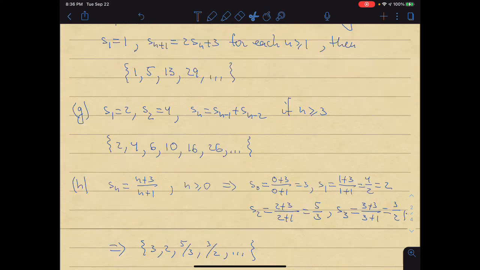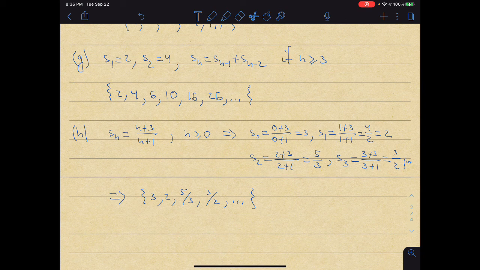And what about the sequence H? Well, here, what do we know? We know that the top is getting bigger, right? Because the top is n plus 3. On the bottom we have n plus 1, so that is also big. So if we have a large number plus 3 or a large number plus 1, really this is the same number.